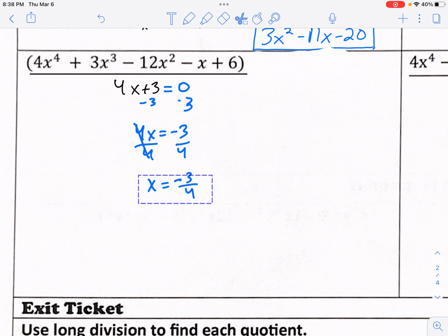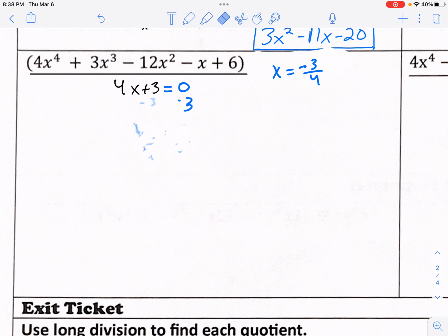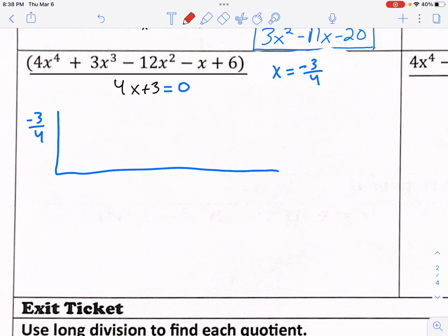I'm going to move this up to the side, and then I'm going to erase this, to give us some more space. All right, I'm going to set it up. I'm going to write my negative 3/4, and then some teachers teach this differently. I'm just going to jump right in. Some teachers would have you take out a GCF from the top, but I like to just do it at the end.